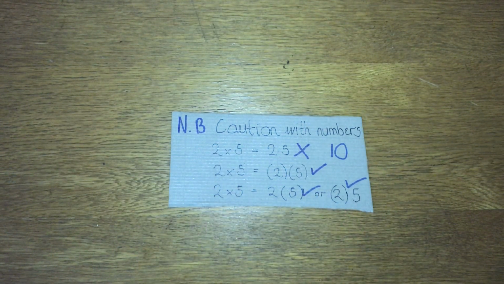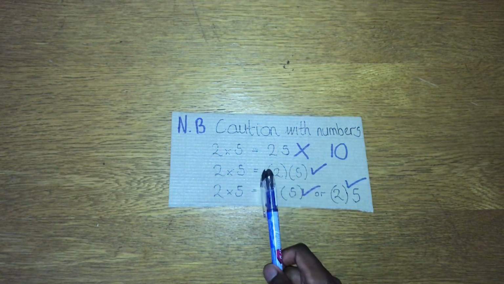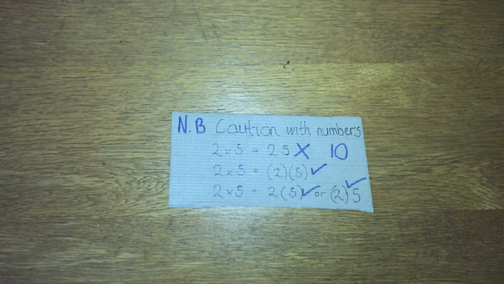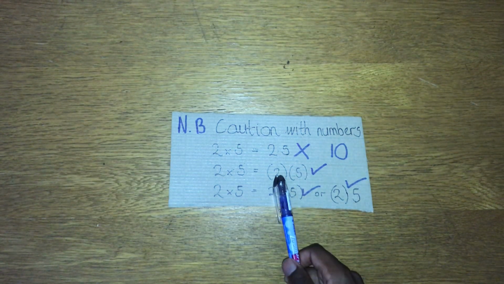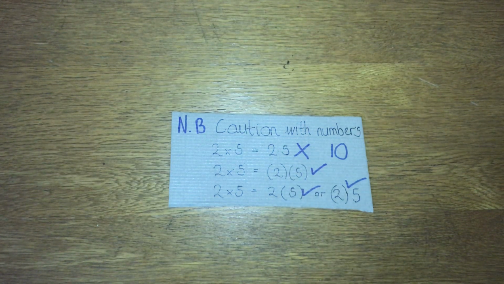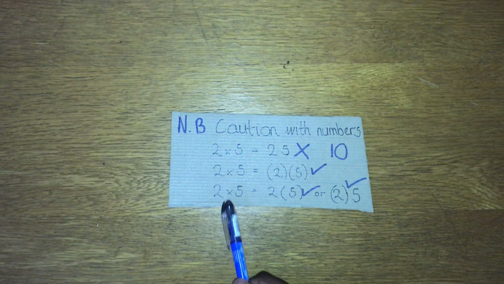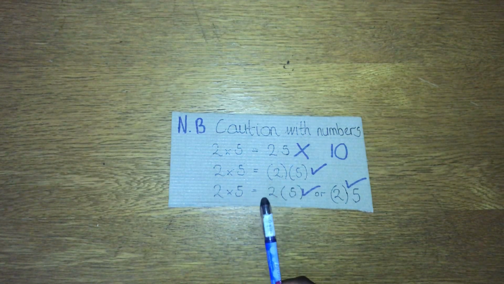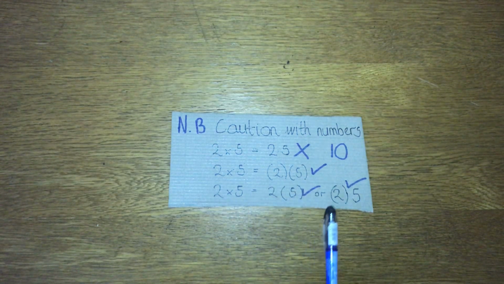Now, when we are dealing with numbers, brackets or parentheses come into play. 2 times 5 can be written as 2 in brackets and next to it 5 in brackets. Or similarly, 2 times 5 can be simplified as 2 brackets 5 or 2 in brackets 5.